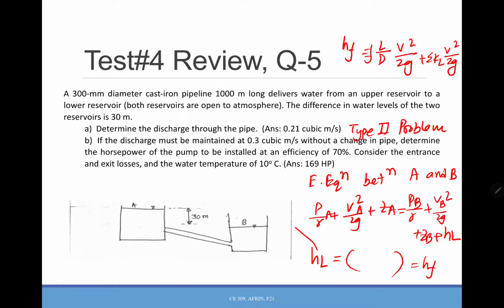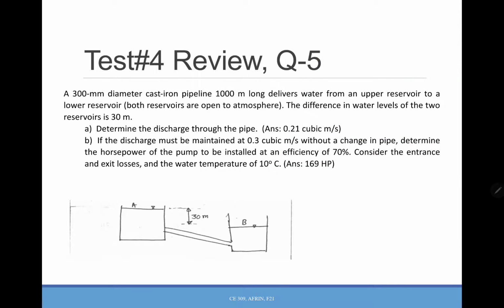So you can directly use that here. Okay, now once you have that, HL equals f L over D v square over 2g plus summation of KL v square over 2g. So from this one you can express V in terms of something over f maybe.